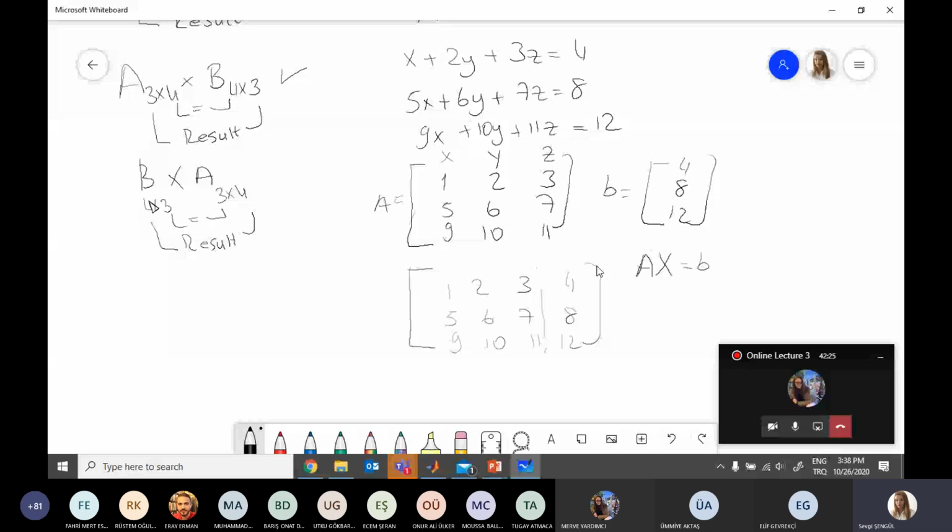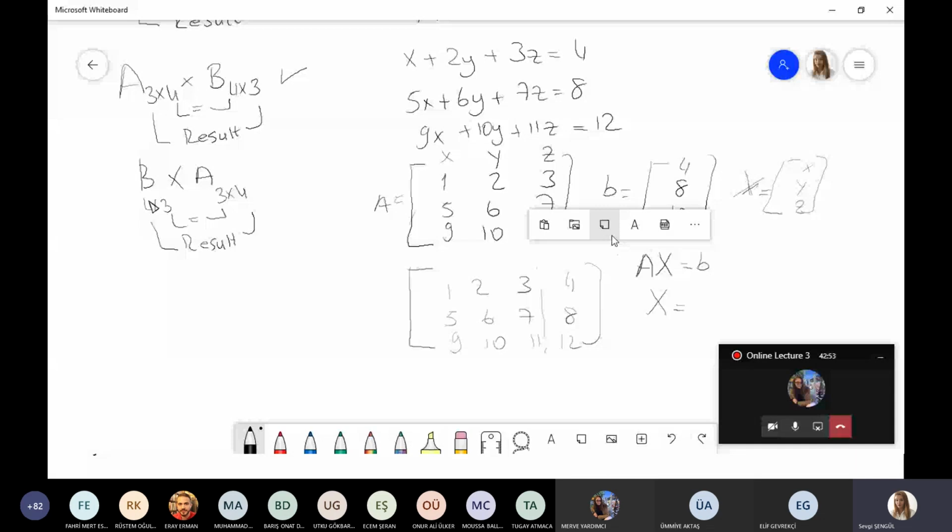This is the capital X. So we have the A matrix times this X equals B. How can I find this X? Normally you would divide each side by A, but in matrices we will not do that. We multiply each side by A inverse from the same side.